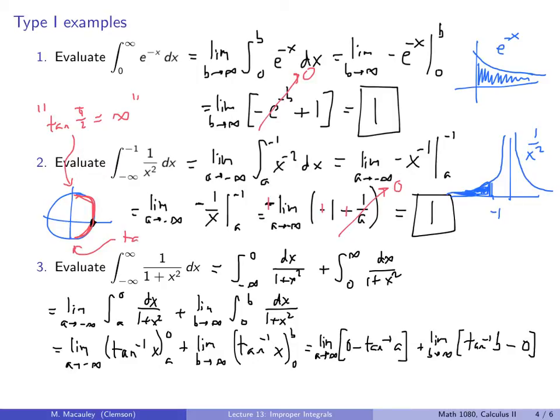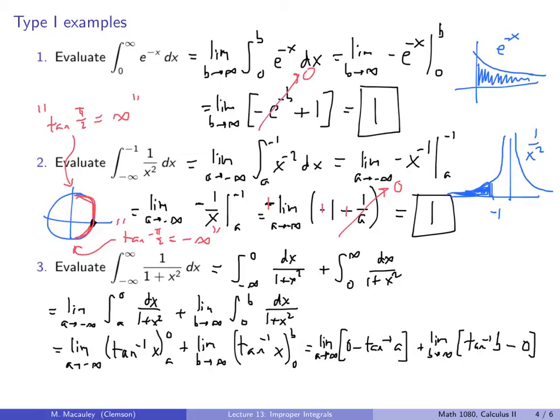And the tangent of negative pi over 2 is, in quotes, negative infinity. It's the y value over the x value. That's negative 1 over 0 here and 1 over 0 here.